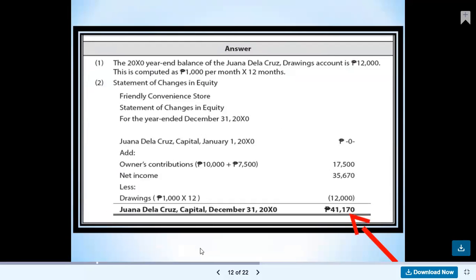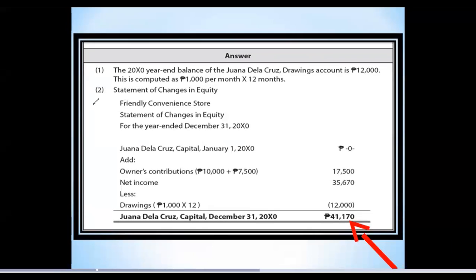Following the format that we have seen earlier, this will be the statement of changes in equity for the sole proprietorship. So don't forget the heading: Friendly Convenience Store, Statement of Changes in Equity for the year ended December 31, 2000. There is no beginning balance because Joanna de la Cruz operated the business only this year.